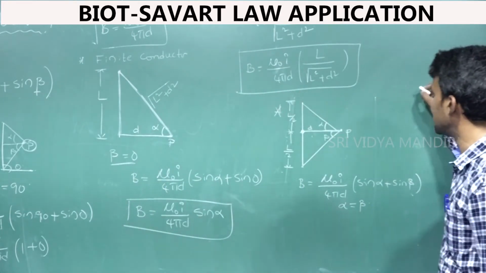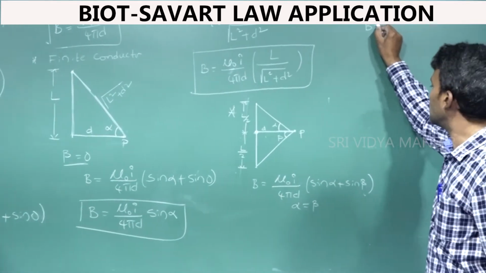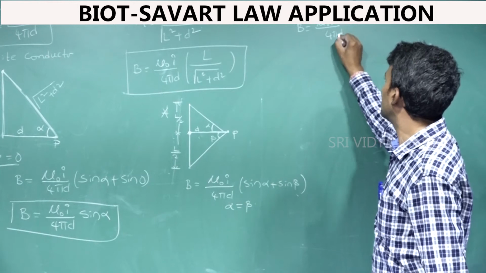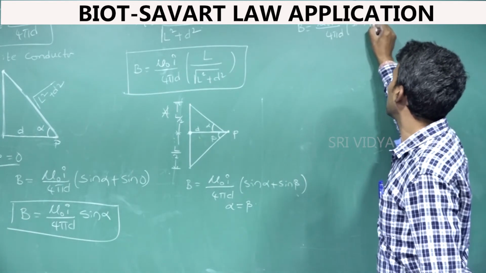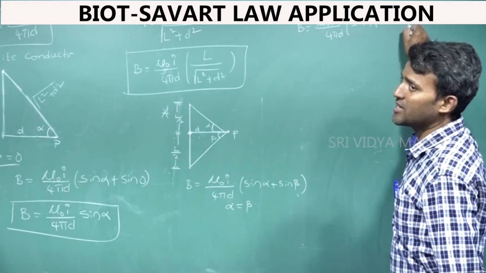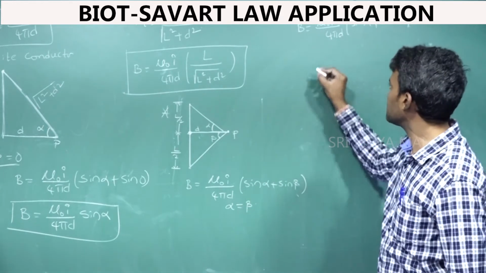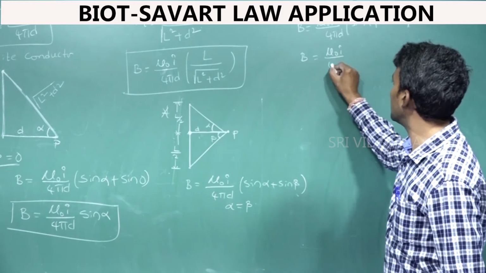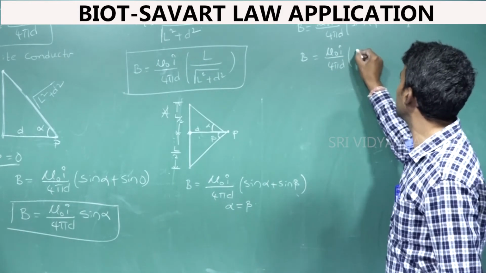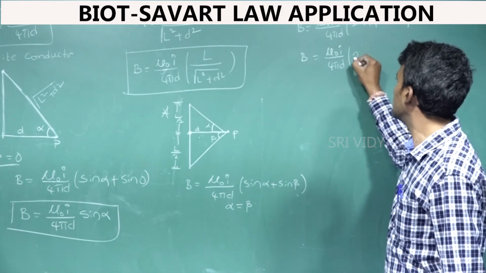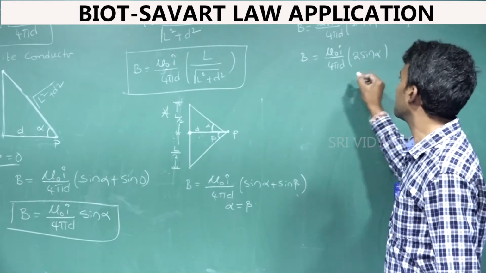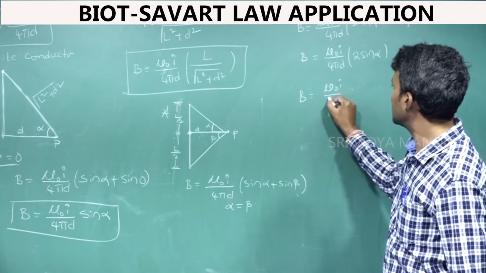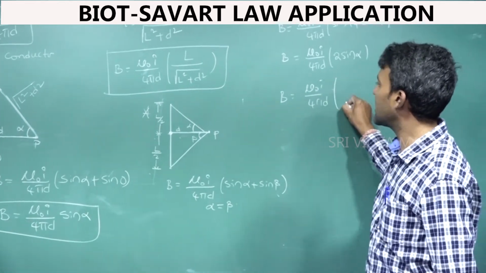Writing beta as alpha, B is equal to mu naught I divided by 4 pi D into sin alpha plus sin alpha, which is 2 sin alpha.